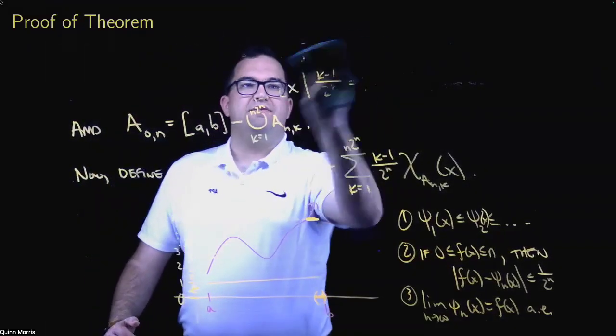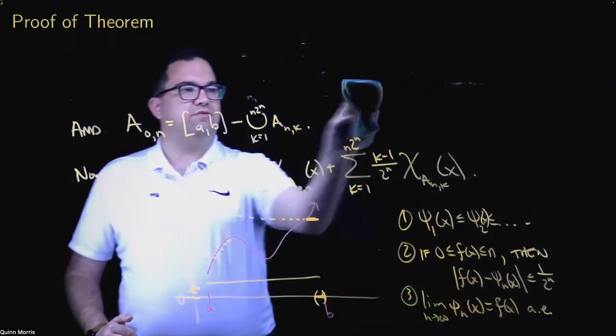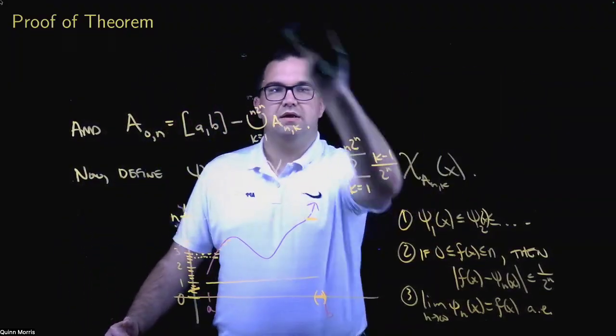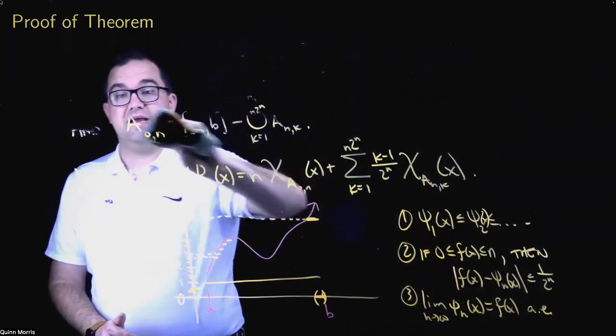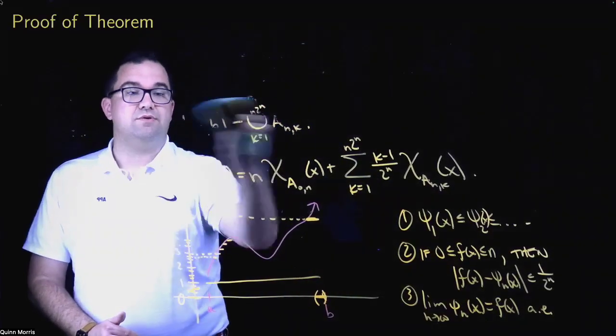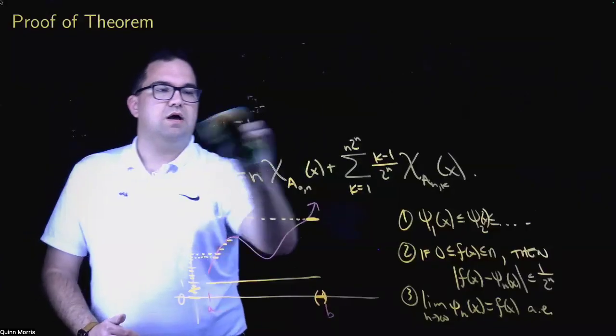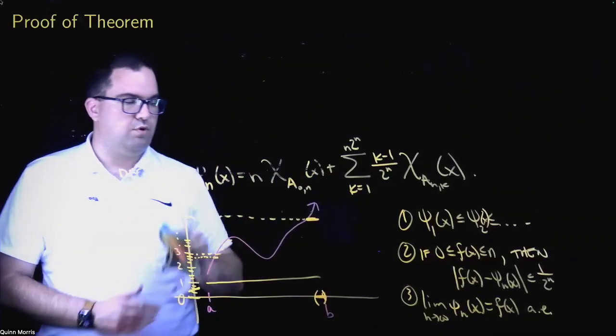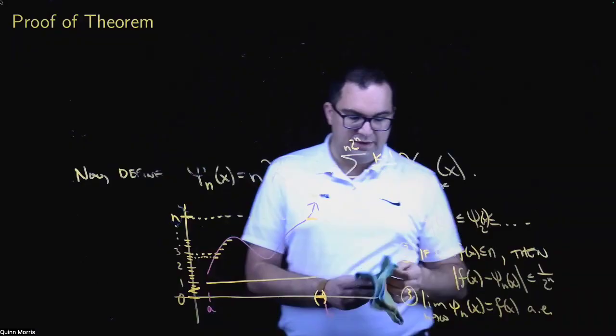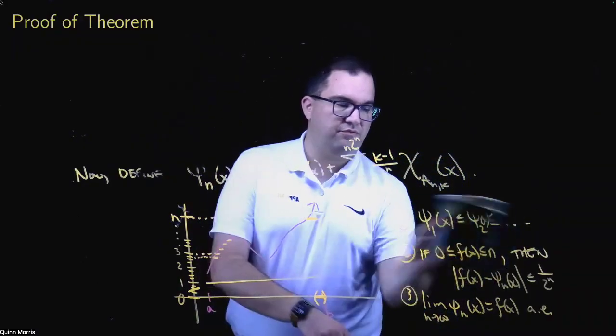Now, given how much time we've spent talking about simple functions and now having characterized measurable functions in terms of sequences of simple functions, it won't come as a surprise that what we will first do is define the Lebesgue integral for a simple function.